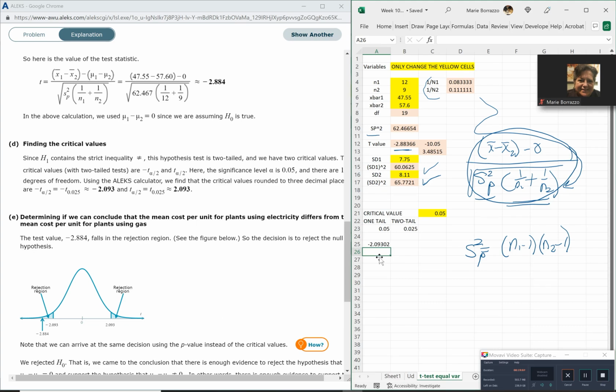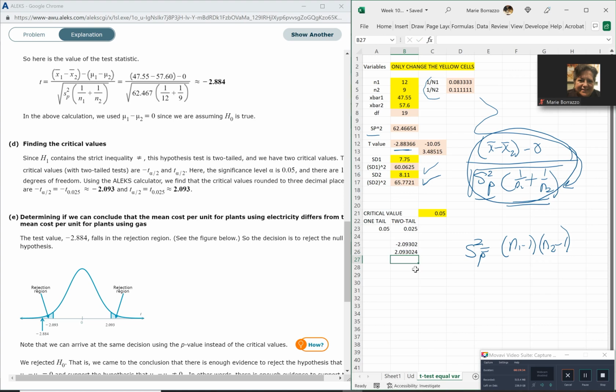Remember, it's the plus and minus of this when it's two-tailed. I should have actually done this on this side. Equals t dot inverse. You can always click on it and double click on the cell as long as you don't change it. If you do make a mistake, I can show you how to fix it. So this will be the plus and minus of this number.